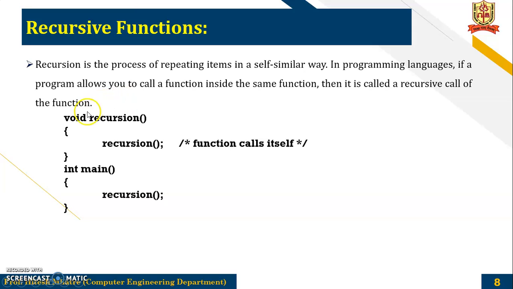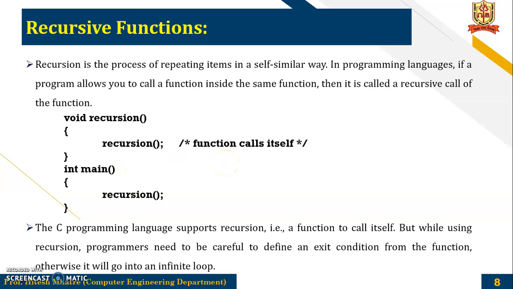It will go to this method, and in this again you will see there is a recursion. The C programming language supports recursion, but you should be careful to define the exit condition so that it does not go into an infinite loop.